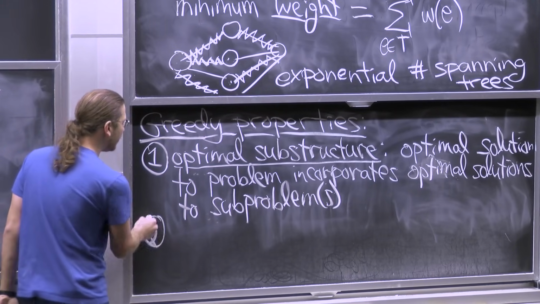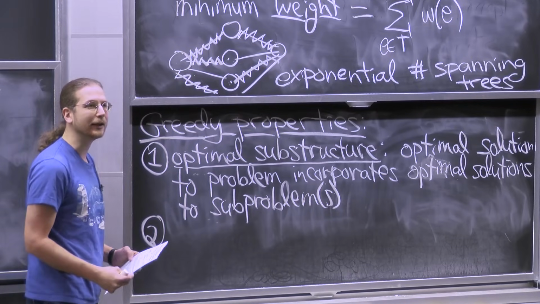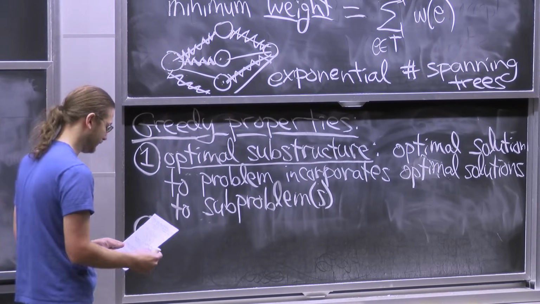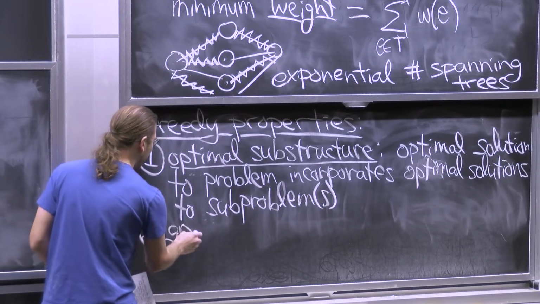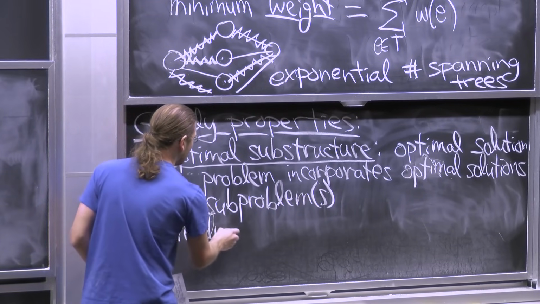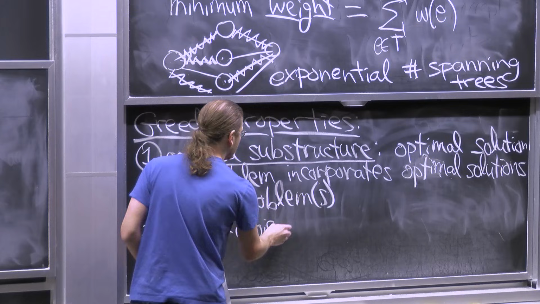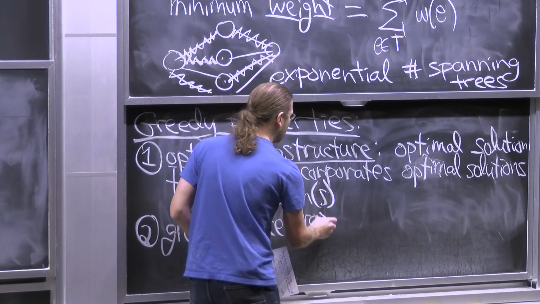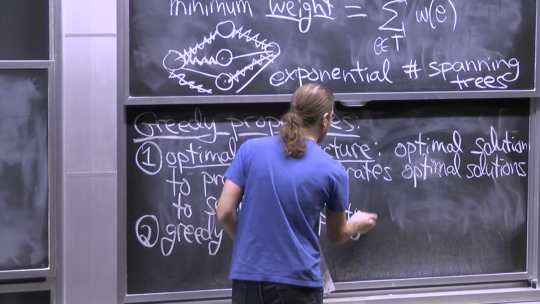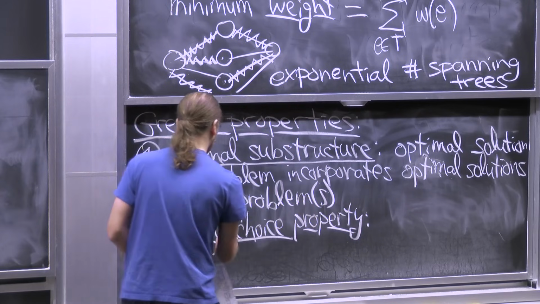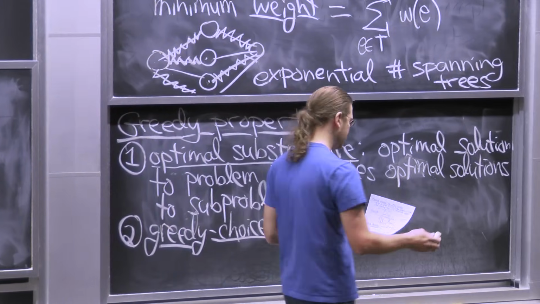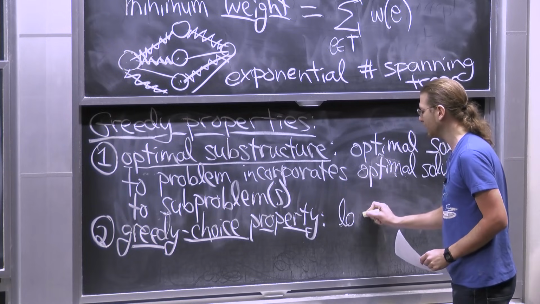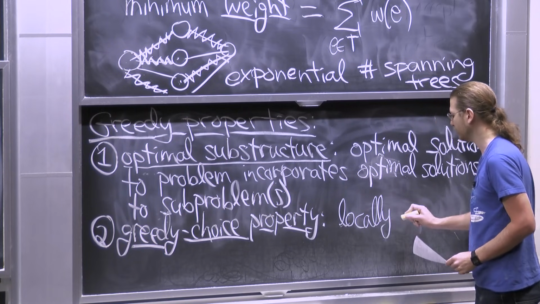But with greedy algorithms, we're not going to guess. We're just going to be greedy. Eat the largest cookie. Okay, so that's the greedy choice property. This says that eating the largest cookie is actually a good thing to do.